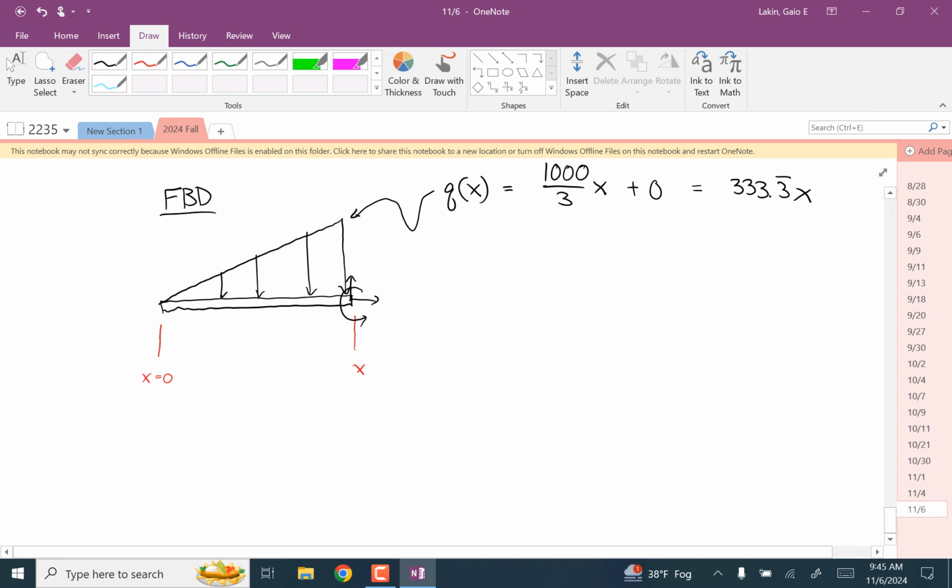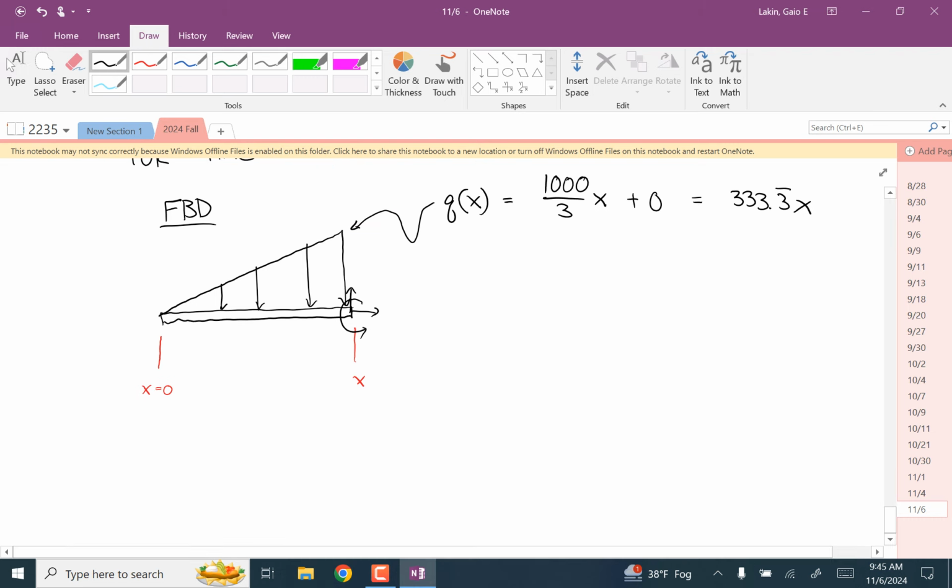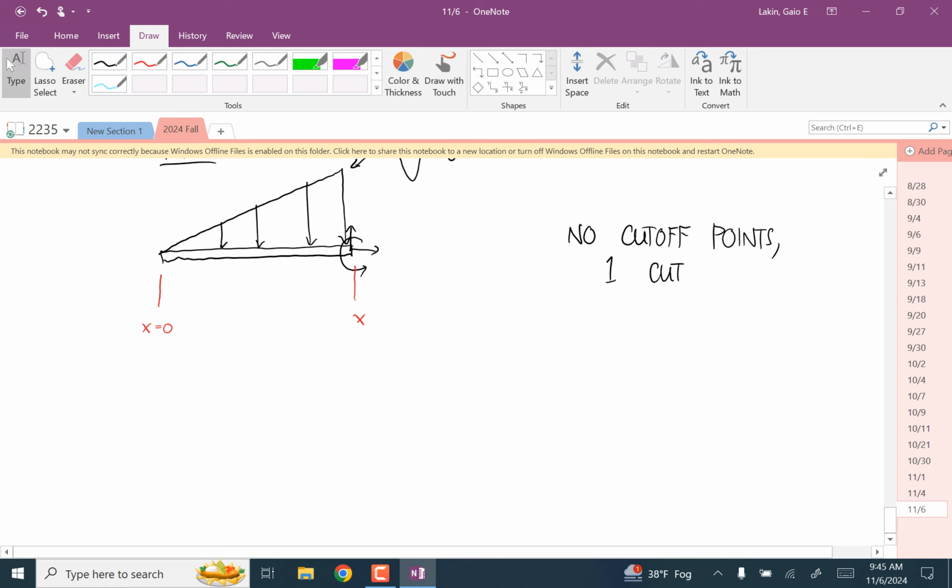So now looking at this, how many cuts do we have to make? Just one cut. So there's no cutoff points. And so cut 1 is valid for x's between 0 and 3.